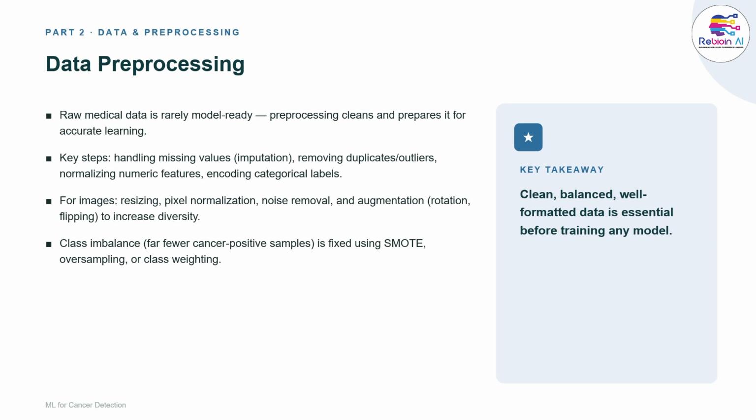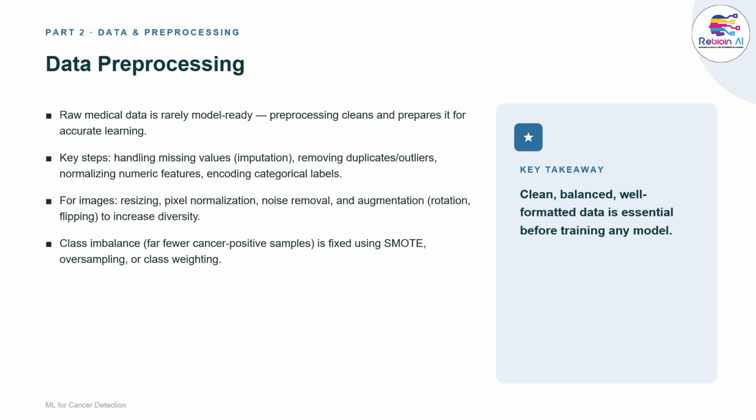For image data, we resize every image to the same dimensions, normalize pixel values, remove noise, and often use augmentation, that is, rotating, flipping, or zooming existing images to create more training data. And there's one very medical specific issue, that is class imbalance.